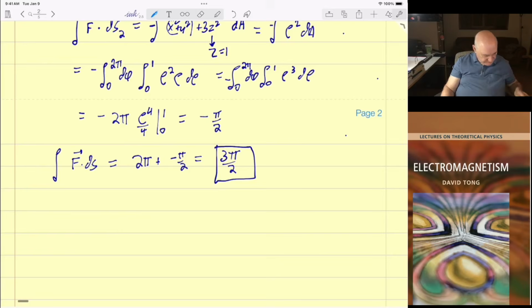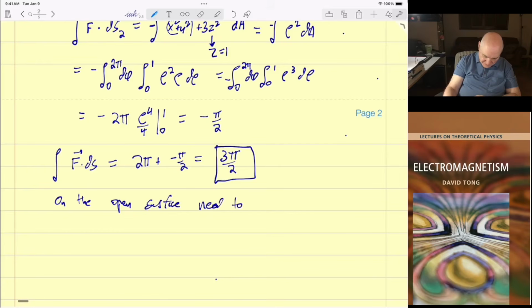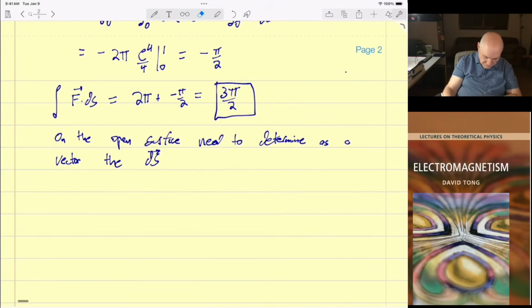So first thing I have to do is determine, on the open surface, the differential surface as a vector, ds. The first thing we should do is parameterize the surface.